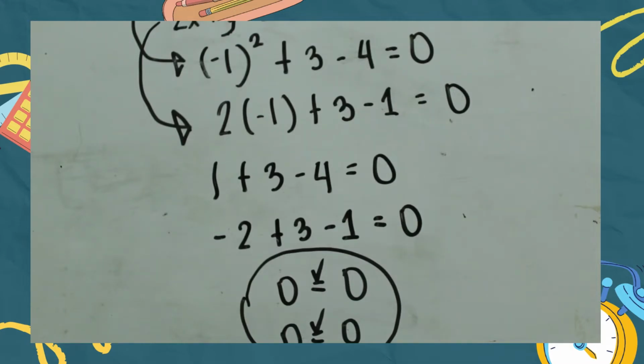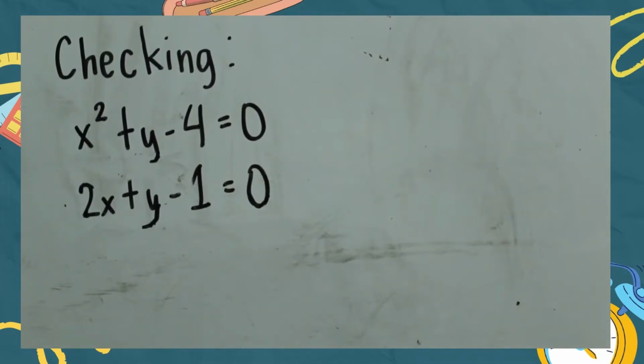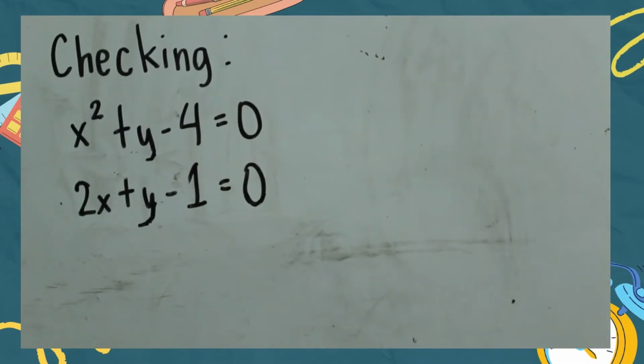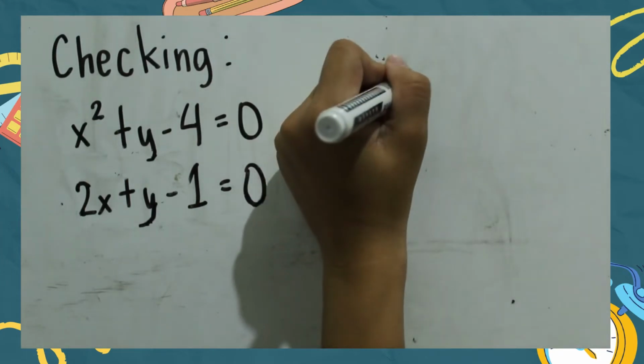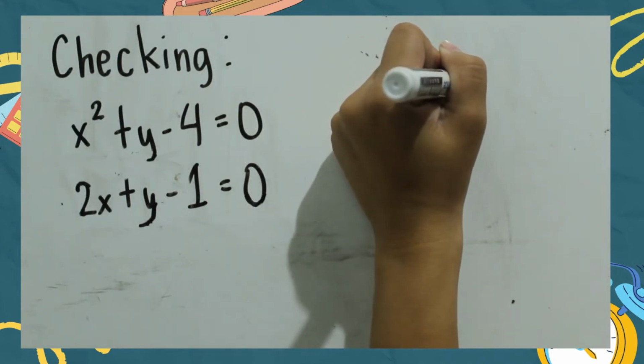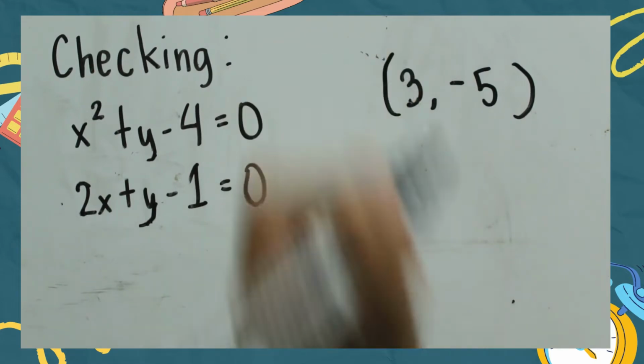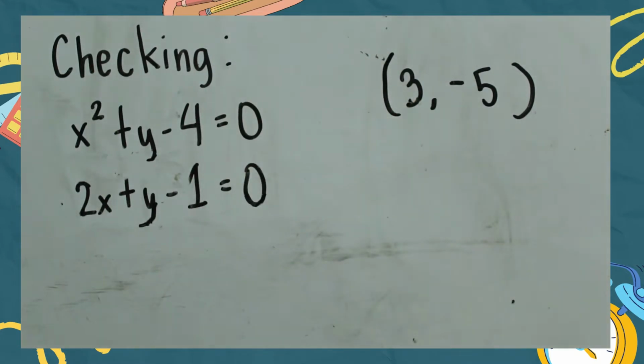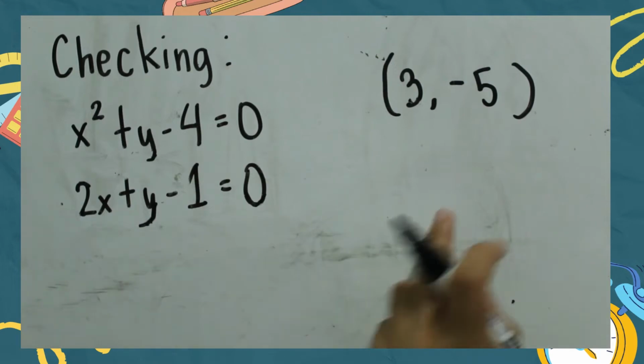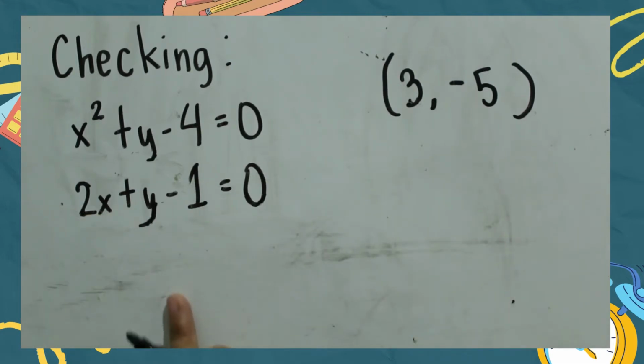So for the second solution set, we will just do the same as what we did in the first one. So if the values of x and y are 3 and negative 5, we will substitute these values into x and y.